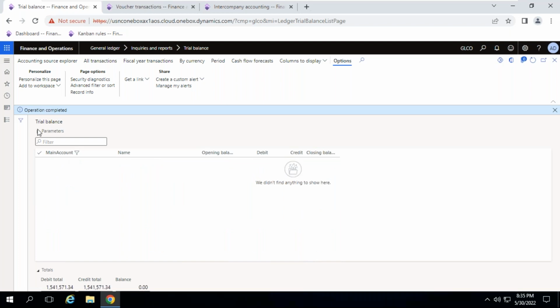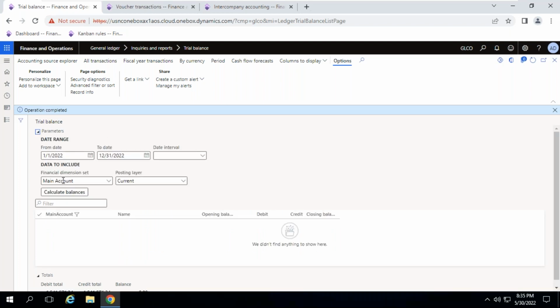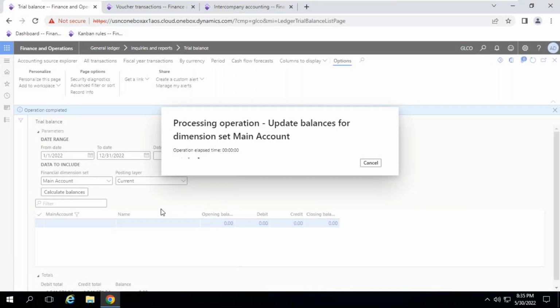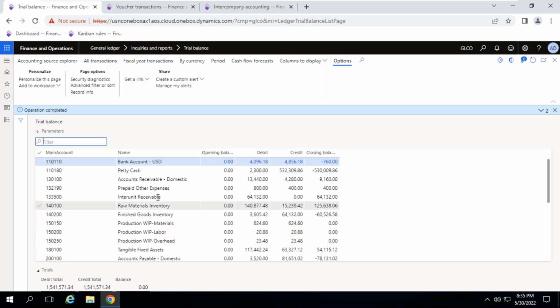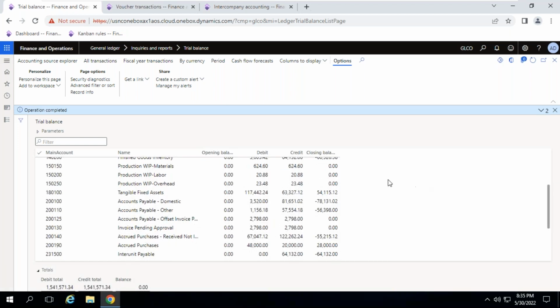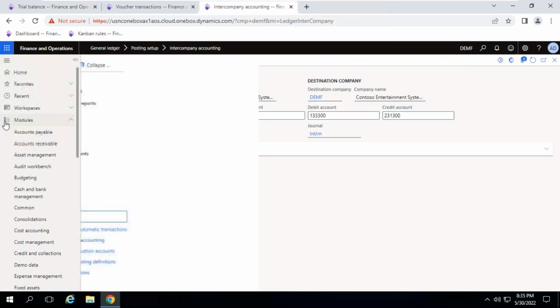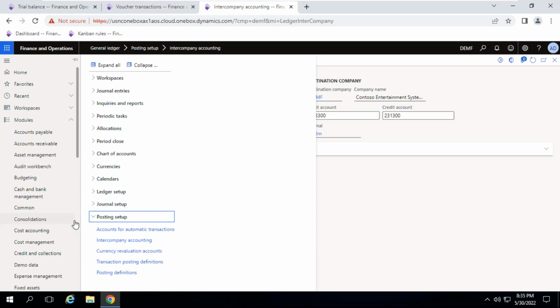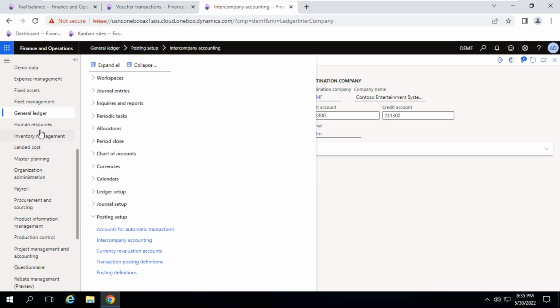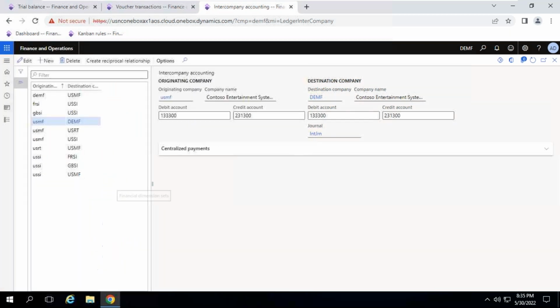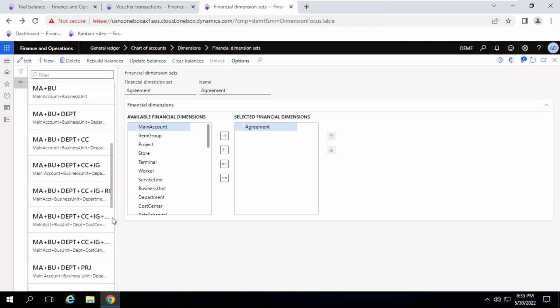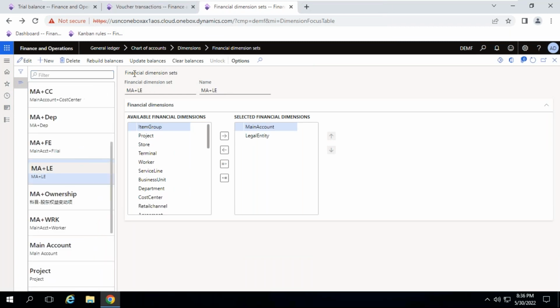It is not showing. I don't know why it is not updated. It should be updated here. Sir, I think we need to run financial dimensions at main account plus legal entity. Maybe yes, let me verify. But it is not required. It should update. But yes, to some extent you are maybe correct. Let me run this one. Financial dimension sets, main account plus legal entity. But there is no dependency.